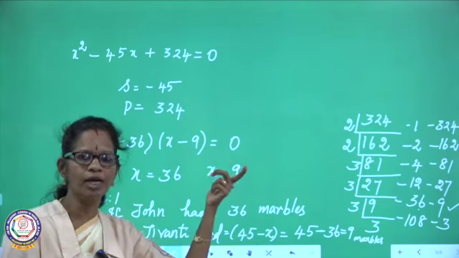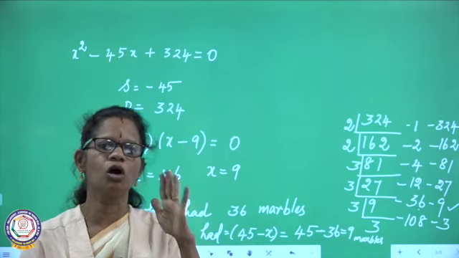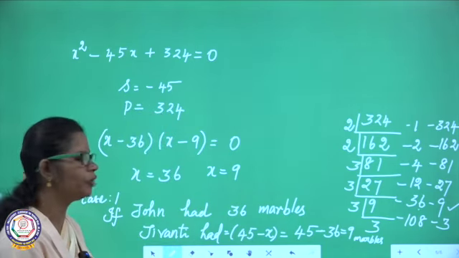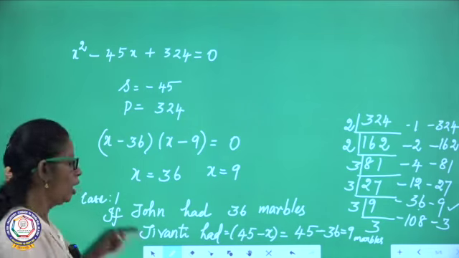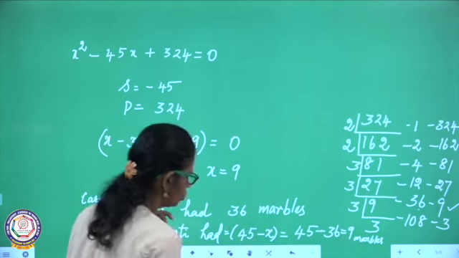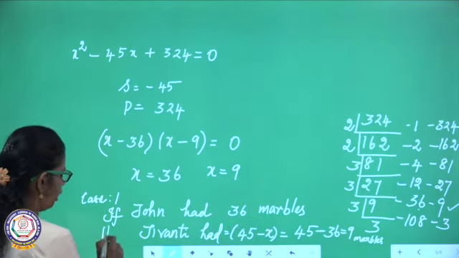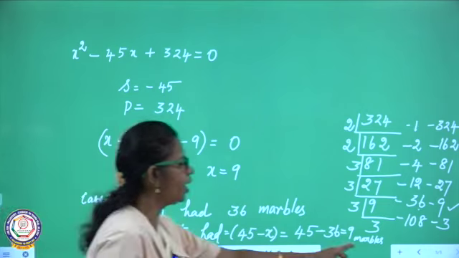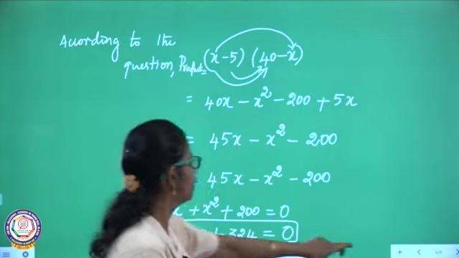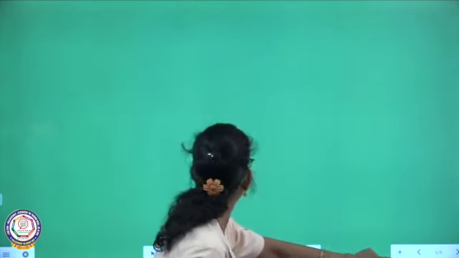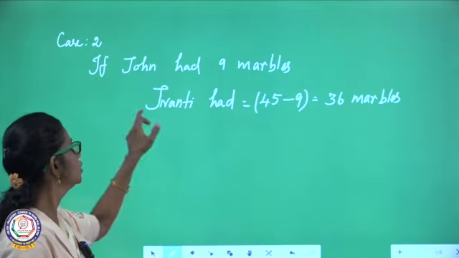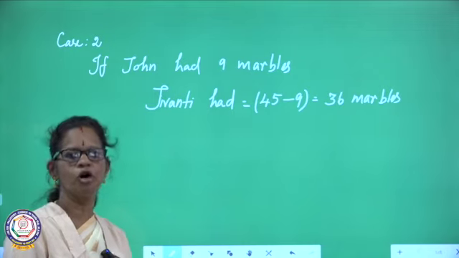When you add, you will get 45. You don't bother about the product, you concentrate only on the sum. Now x is equal to 36, x is equal to 9. Both the cases are accepted. If John had 36 marbles, then Jivanti had 9 marbles. Case 2: if John had 9 marbles, Jivanti had 36 marbles.